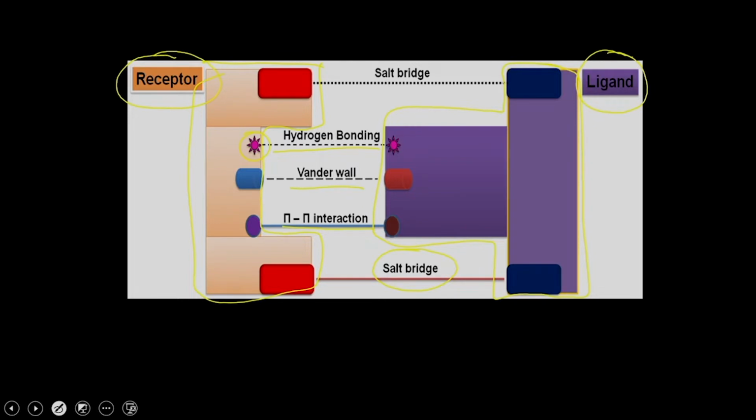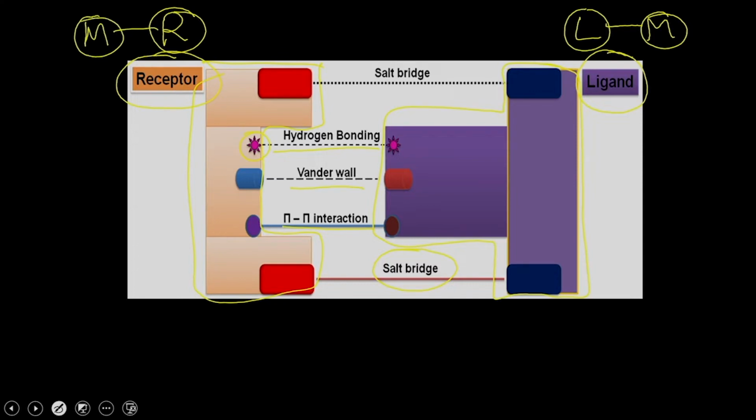Now, if you want to design an affinity chromatography and purify the protein or the analyte of your interest, you have two choices. Either you can couple the ligand or the receptor to the matrix.